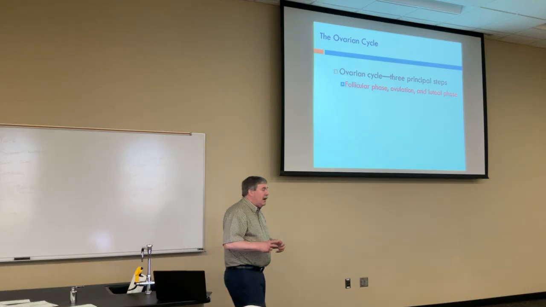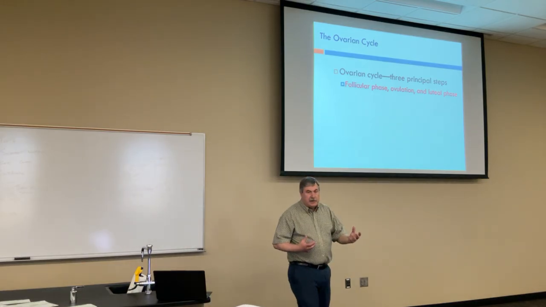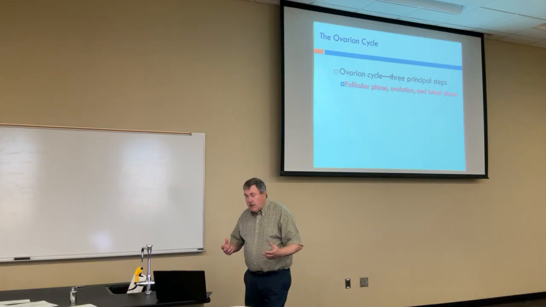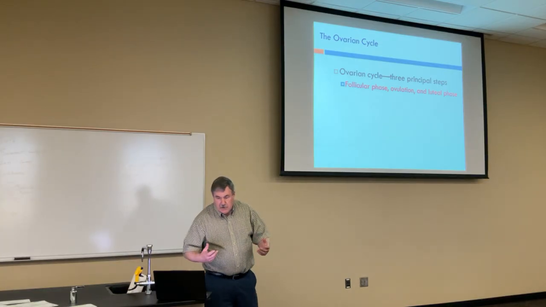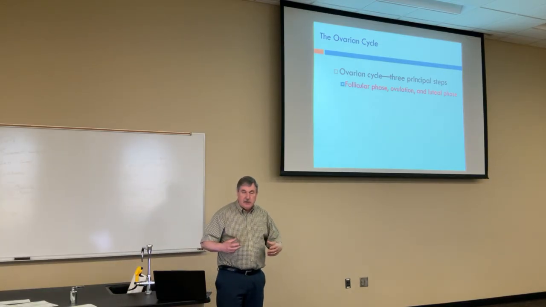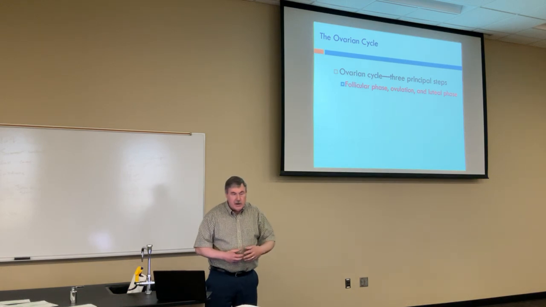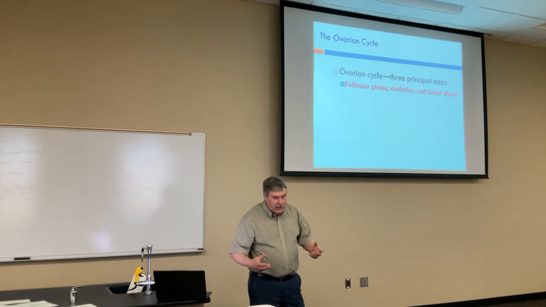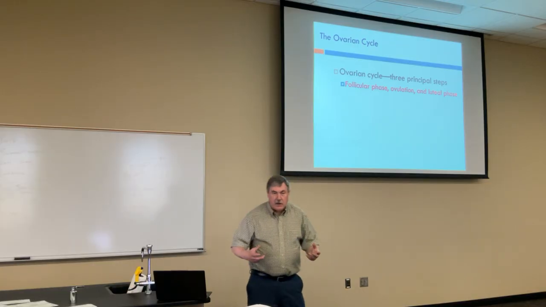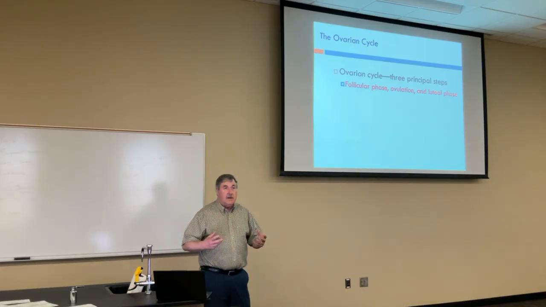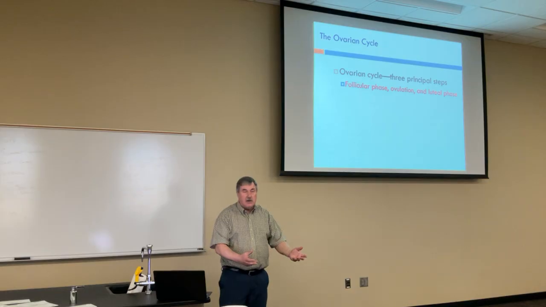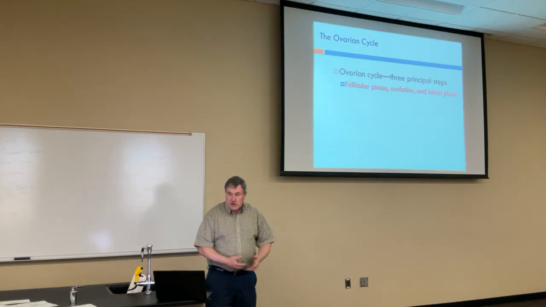So that's a description of what's called the menstrual cycle. It describes what's happening in the uterus. You can also describe the reproductive cycle in a female in reference to what's happening in the ovary with the oocyte.